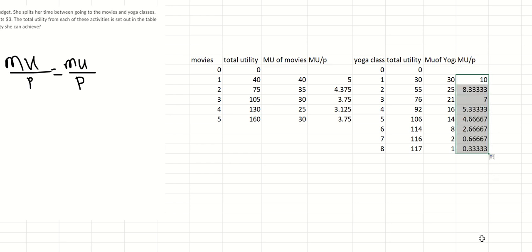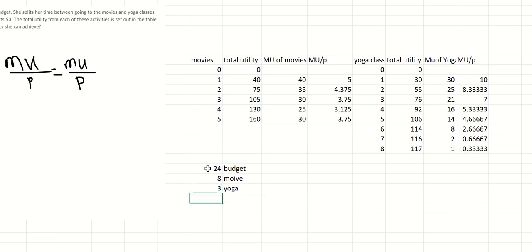All right, so we've got our ranking of choices now. Remember the budget we have is $24. That's our budget. Each movie costs us $8, and each yoga class costs us $3.